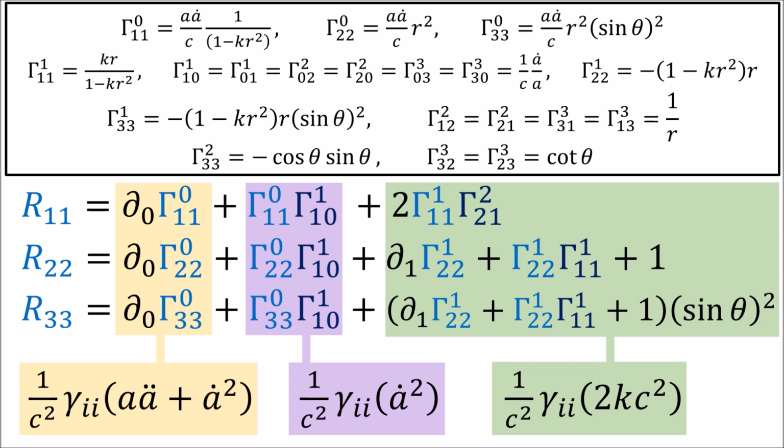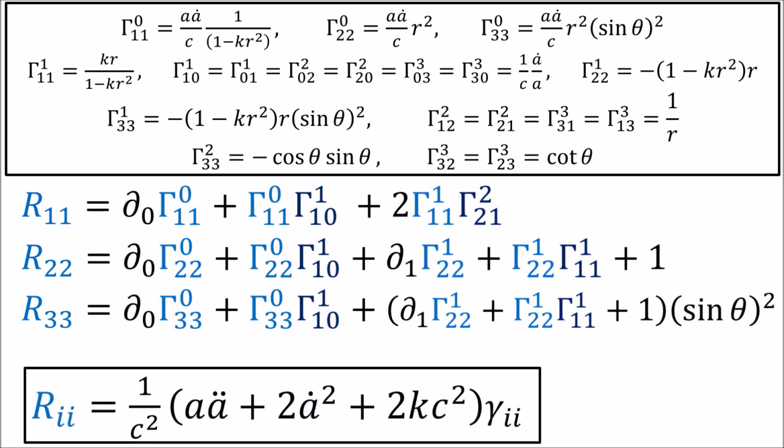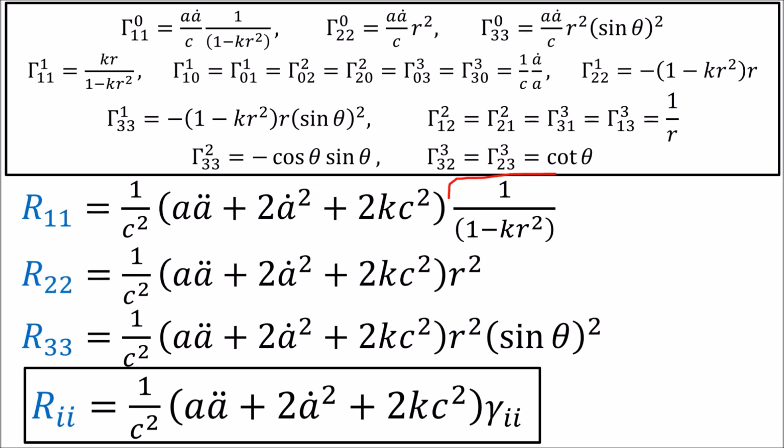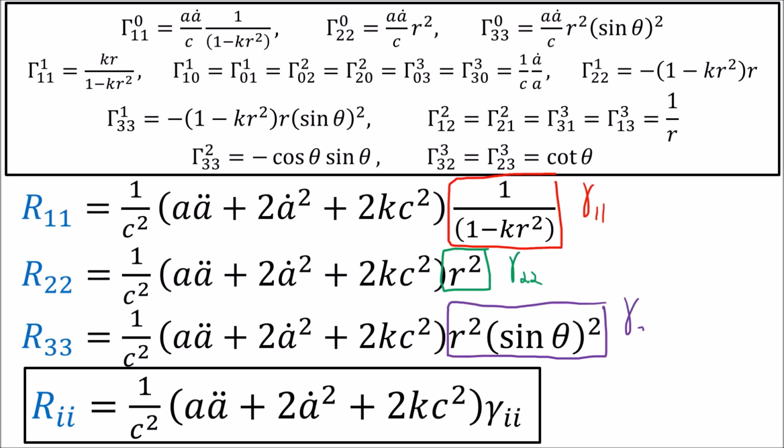And I'll multiply and divide by c squared to make this consistent with the other terms. So all the diagonal components of the Ricci tensor equal this term in front, multiplied by the gamma i term from the metric, which gives these expressions here for i equals 1, 2, 3. And it turns out all the off-diagonal Ricci components go to 0, so we'll ignore them.